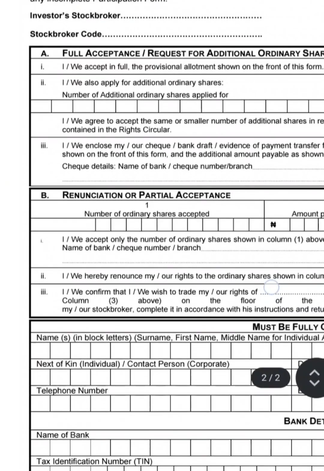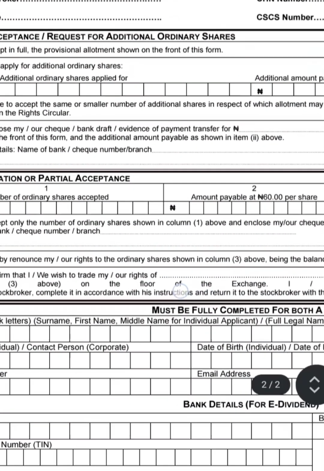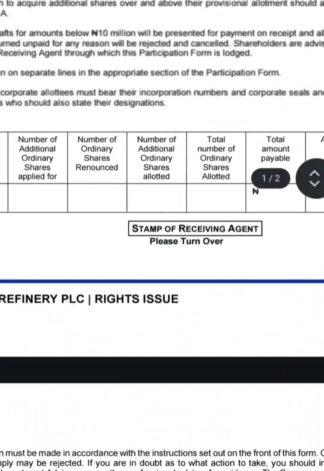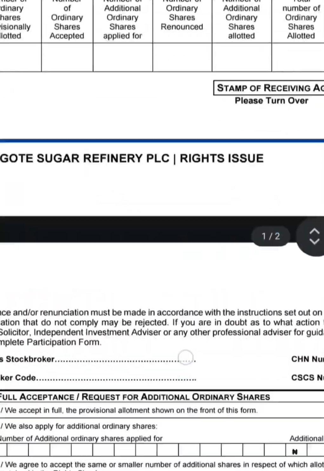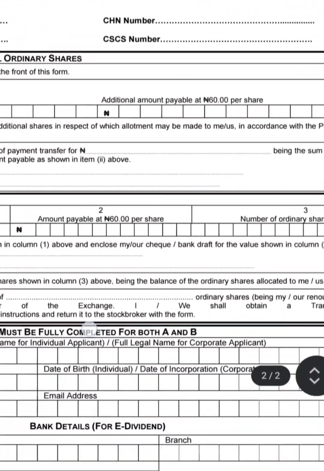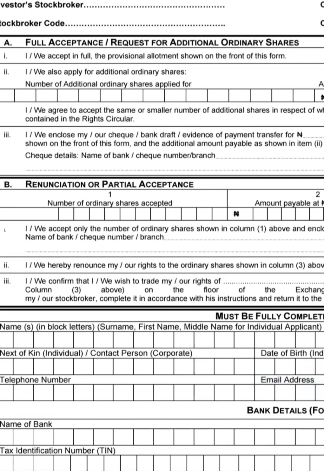And then number 3 is that you're enclosing a check, a bank draft, or evidence of payment. So put the amount that you are paying, which is this original amount plus any additional shares if you're doing additional shares. So put that in there. And then also write the check details and submit all of those to any of the issuing houses at the top.